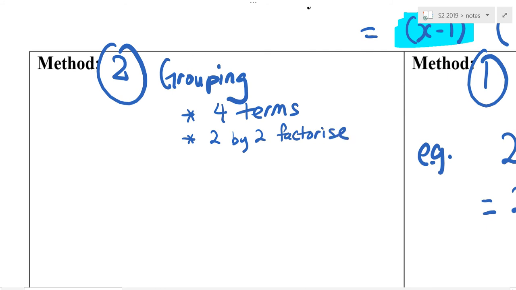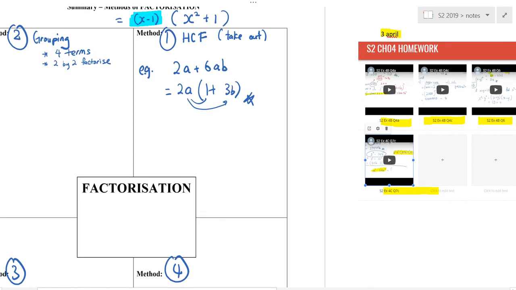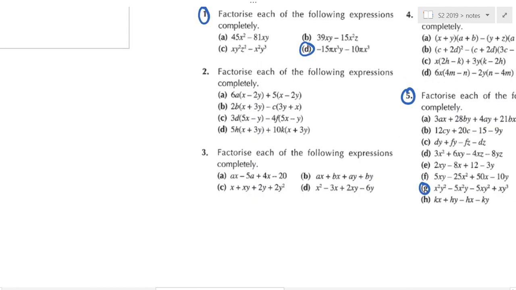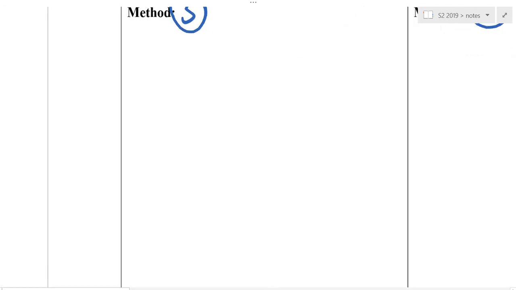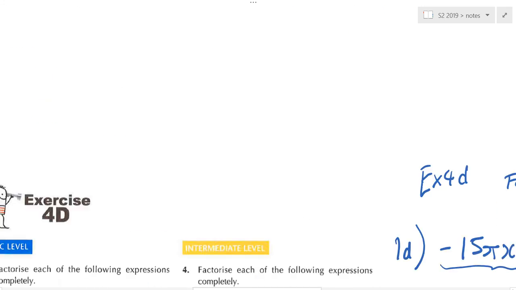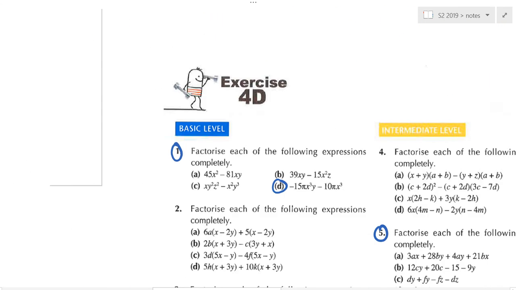Okay. Now, let me bring in one textbook question. So, I'm going to copy down the textbook question. Ax minus 5a plus 4x minus 20. Can you write down the example?